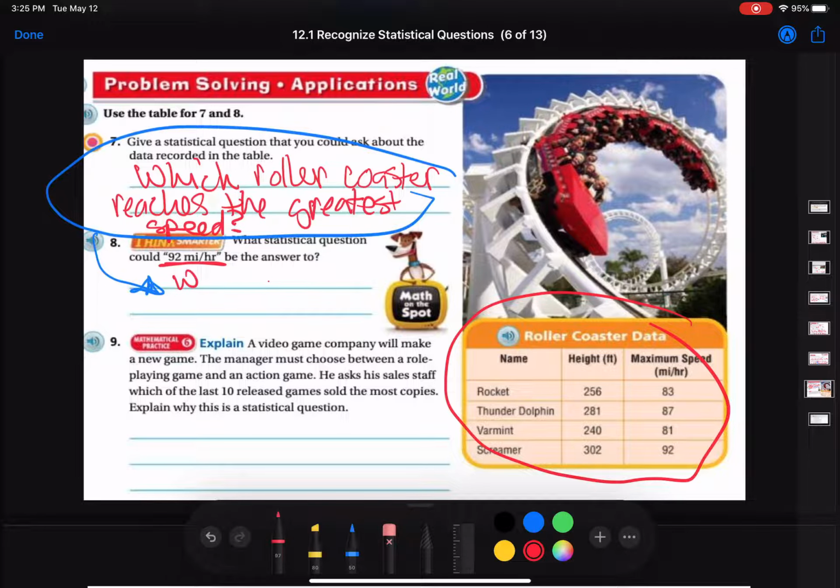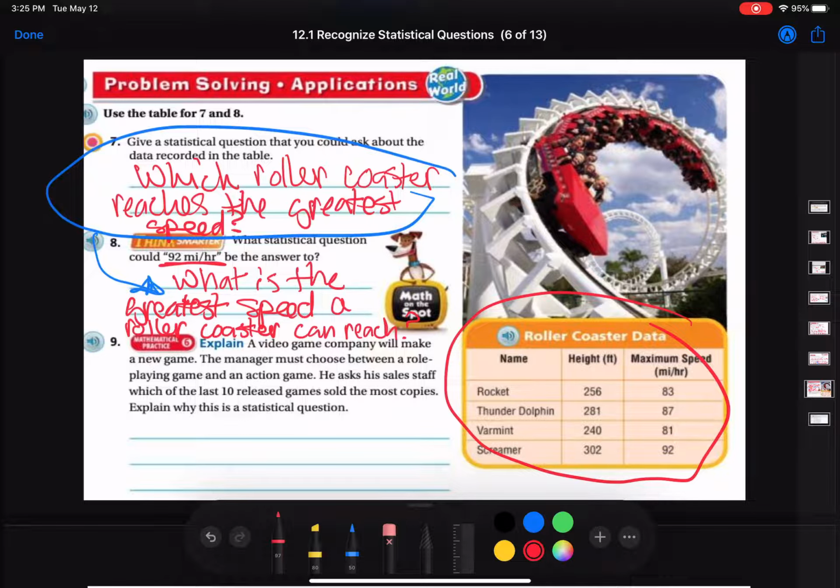So it's going to be similar but not identical. So what is the greatest speed a roller coaster can reach? So the one I wrote for 7, you'd actually have to give the name of the roller coaster, whereas 8, you're giving the speed of the roller coaster.